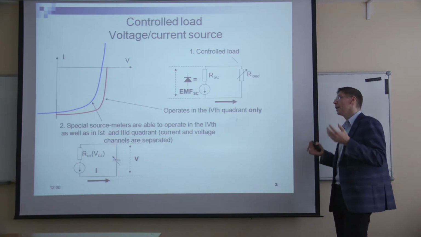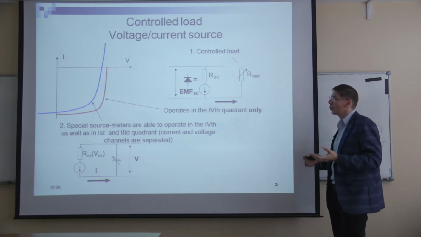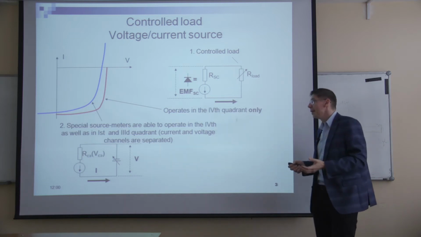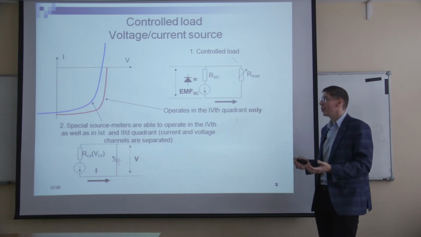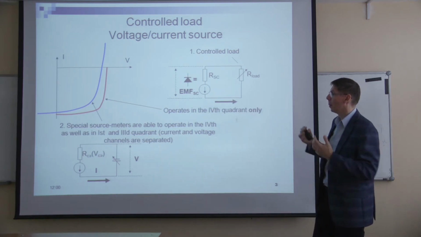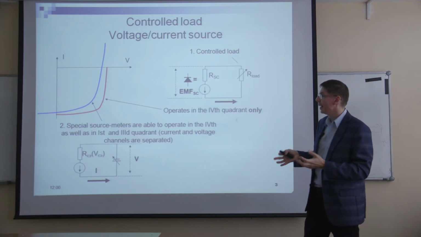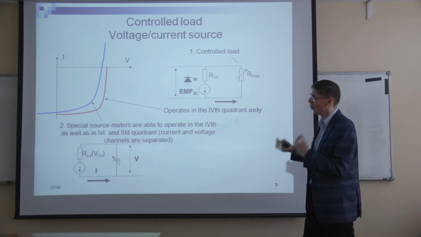For these cases it's better to use special source meters. The main idea is that you have two separate channels. One is to control the current, and another to measure the voltage.